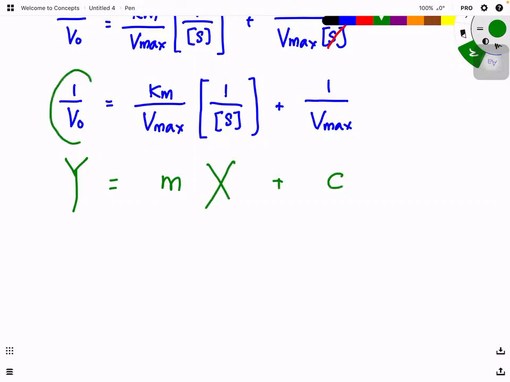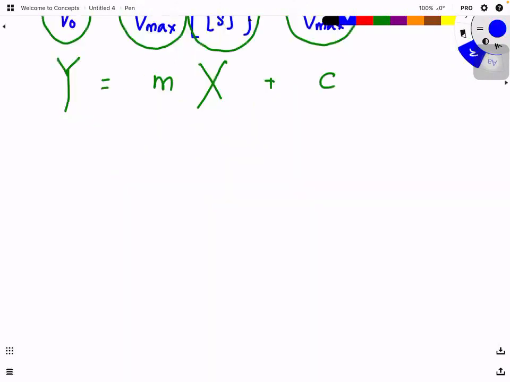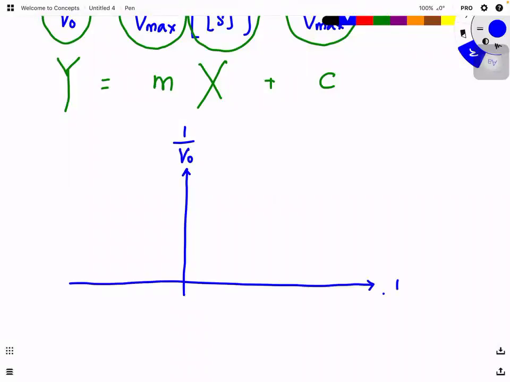So this is y, this is m, the gradient, this is the x-axis parameter, this is c, the y-intercept. So if I plot a graph now, instead of V naught versus substrate concentration, I plot 1 over V naught versus 1 over substrate concentration. Can you see that, the double reciprocal?